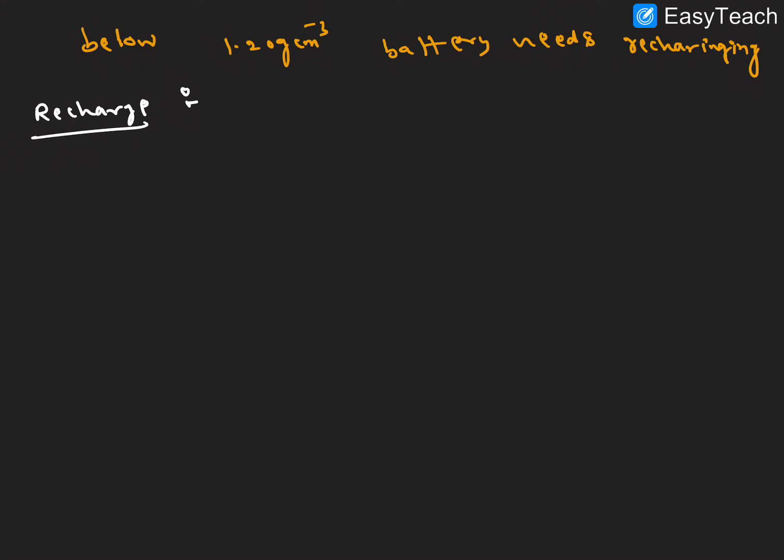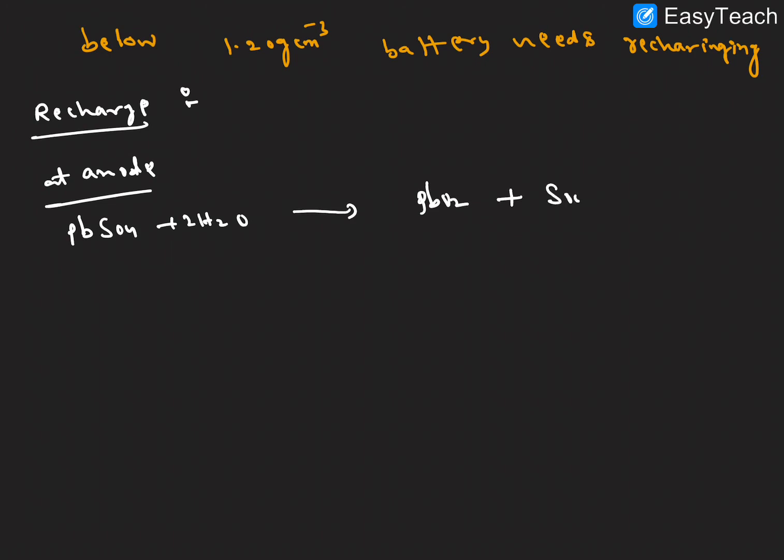Next is the recharge. What are the cathode reaction and anode reaction? Right here at the anode reaction, what happened here? PbSO4 plus 2H2O is converted into lead oxide, PbO2, plus SO4 2-, and 4 H+ ions.